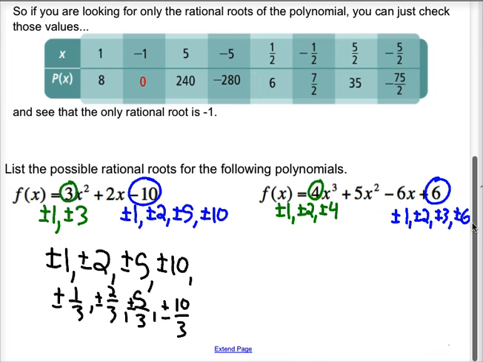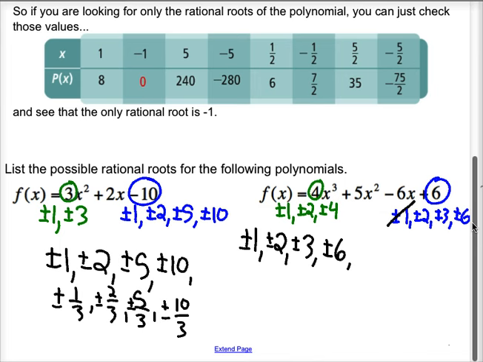And now I'm going to start searching through my possibilities. Well, 1 divided by 1 is just 1. 2 divided by 1 is 2. 3 divided by 1 is 3. 6 divided by 1 is 6. So I've exhausted all my options for that 1. So I'm going to move on to 2.